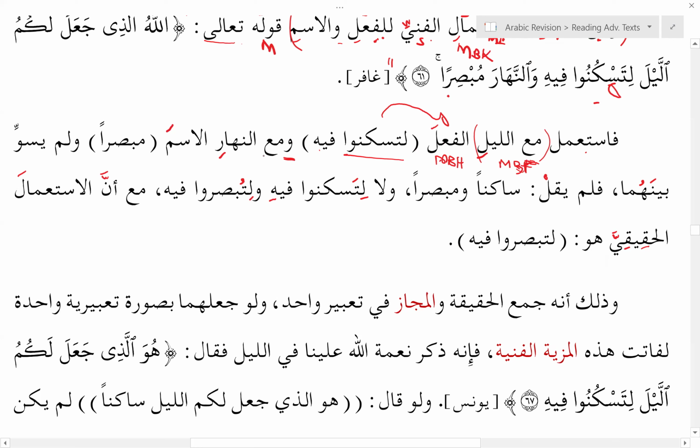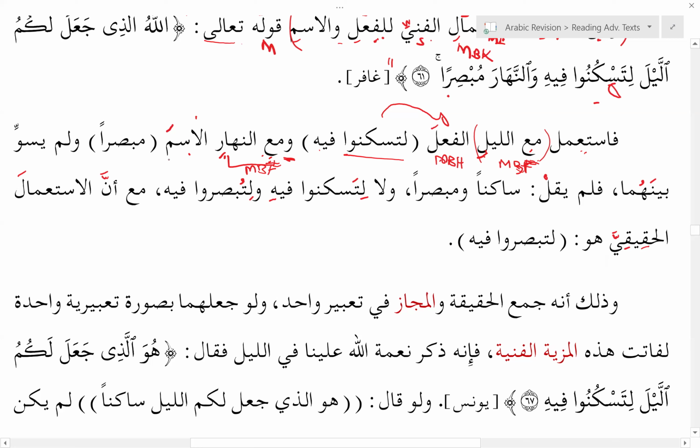وحرف عطف مع. So مع الليل مع النهار. So this واو is connecting this part to this part. Right? Again, مع special مضاف. النهار مضاف إليه. So this is again another متعلق بالفعل. الاسم. So استعمل مع الليل الاسم. So this اسم is going back to استعمل. Right?